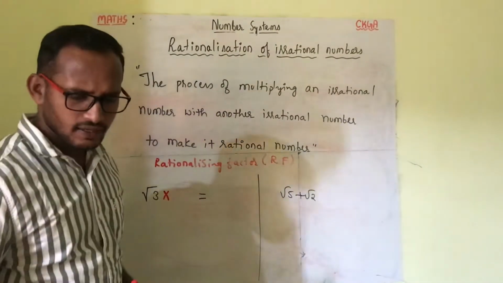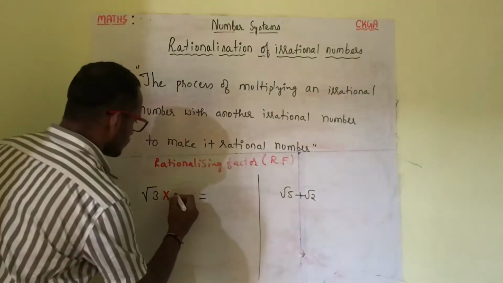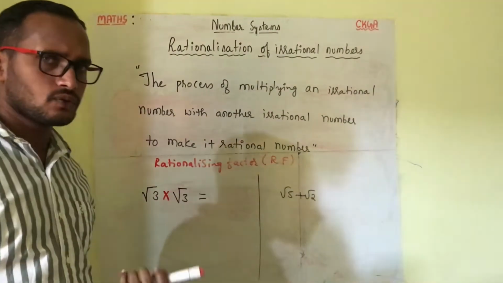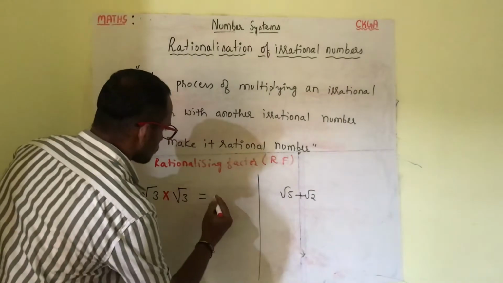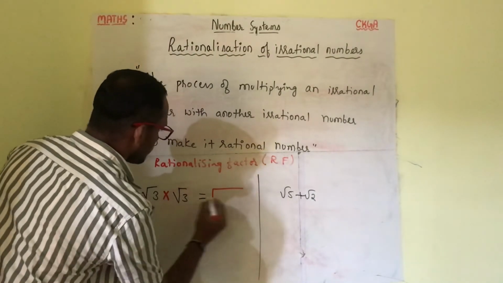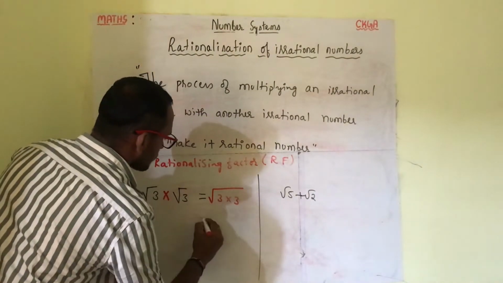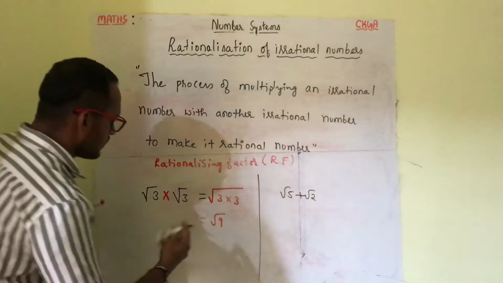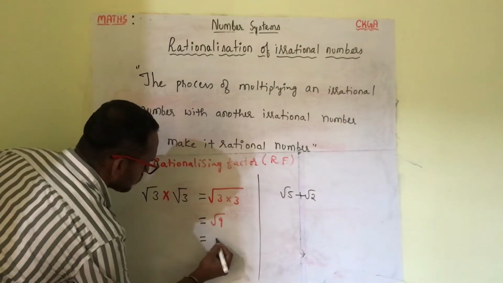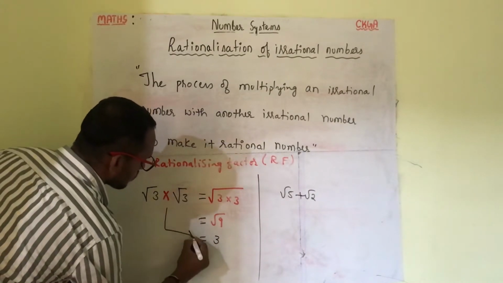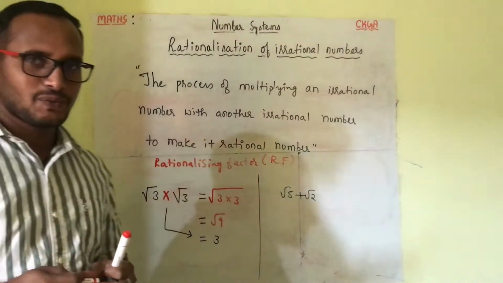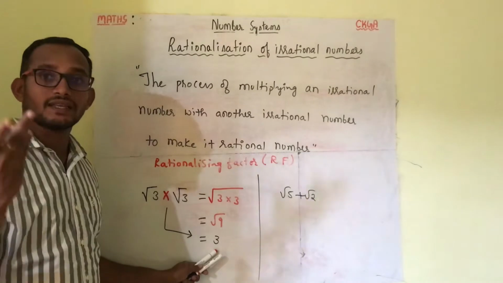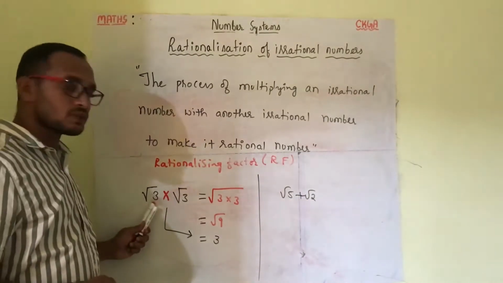But suppose for root 3, I multiply again by root 3. What am I going to get? Root 3 into root 3, as we learned about multiplication, is root of 3 into 3, that is root 9. The value of root 9 is 3. Hope you got a small result here. 3 is a rational number, root 3 is irrational.